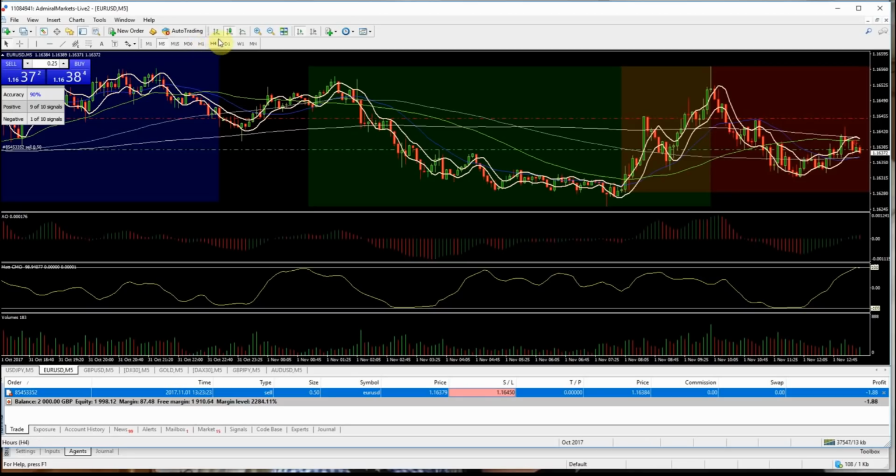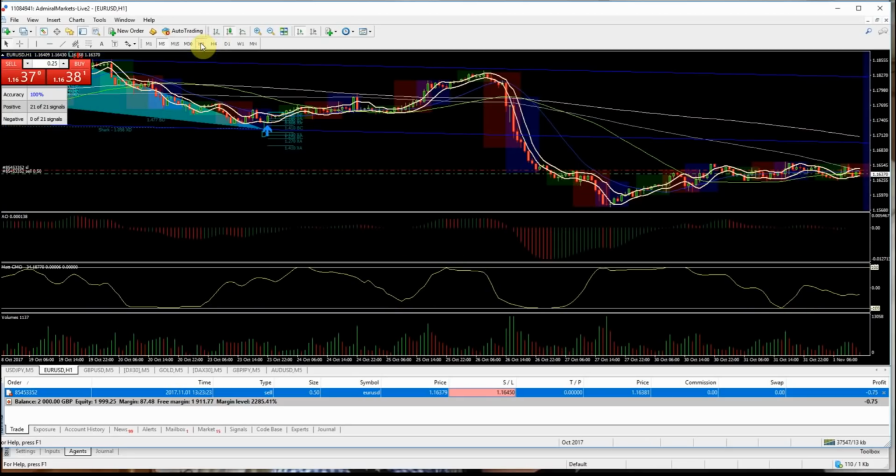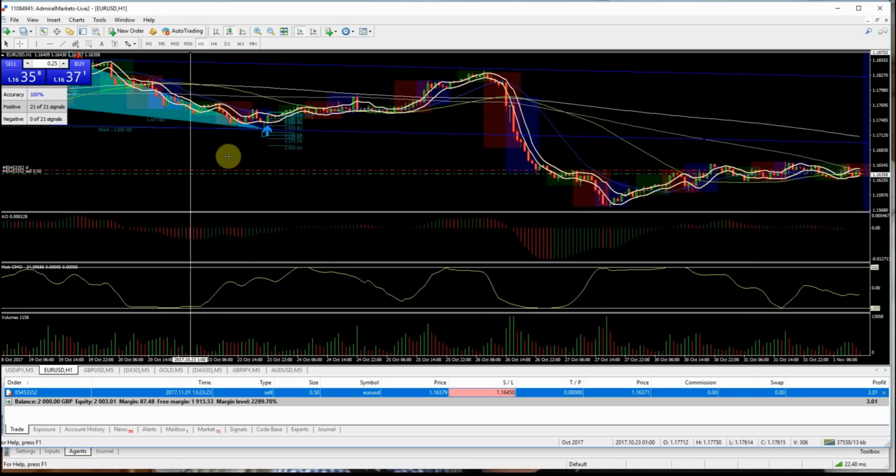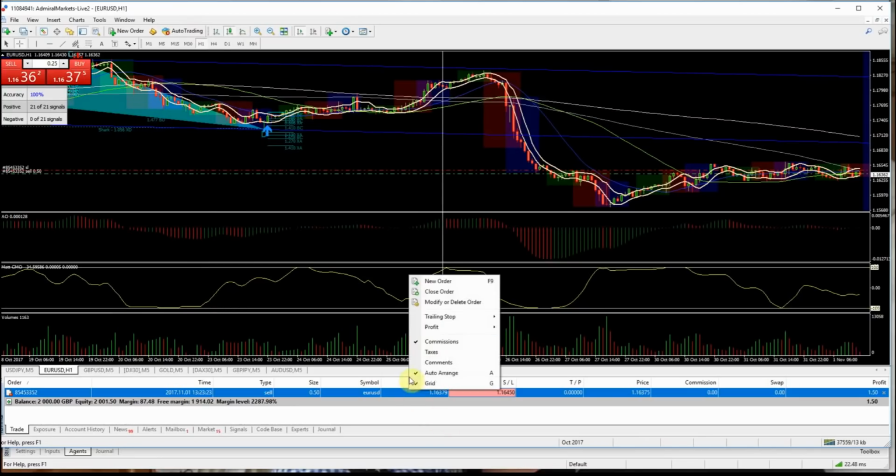Let's just have a look on the hourly chart. If we came down to here, 116.061, 116.061 for target.